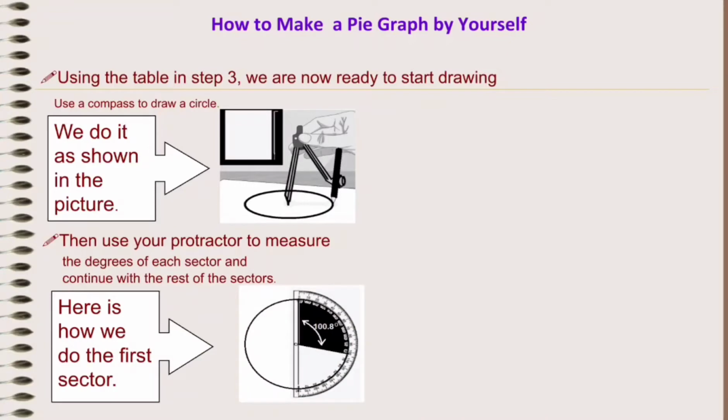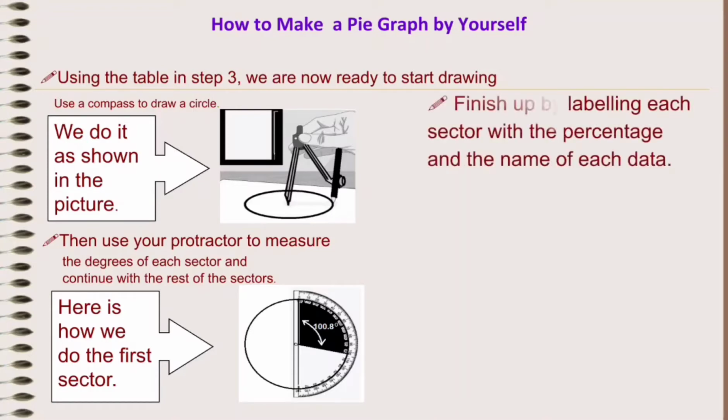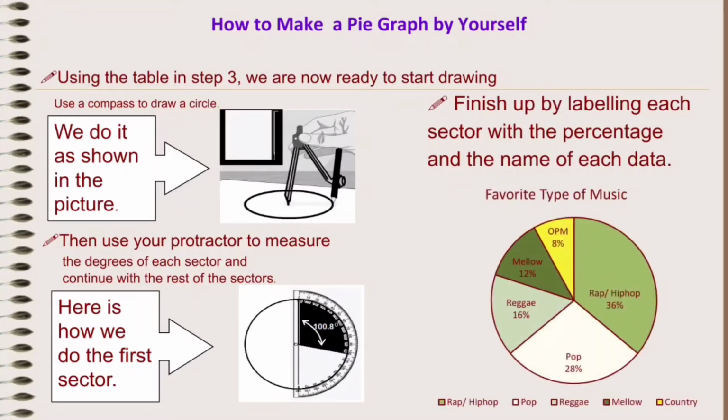So, the first sector is 100.8 degrees. So, using the protractor, again, measure the sector. Then, draw each sector. Then, finish up by labeling each sector with the percentage and name of each data.